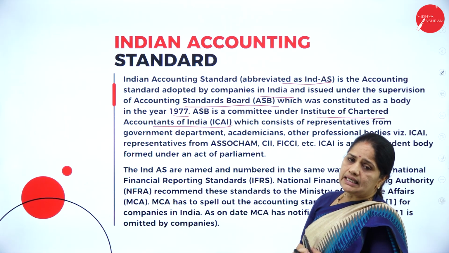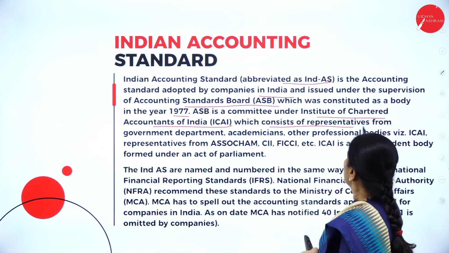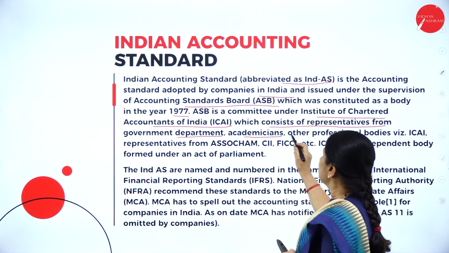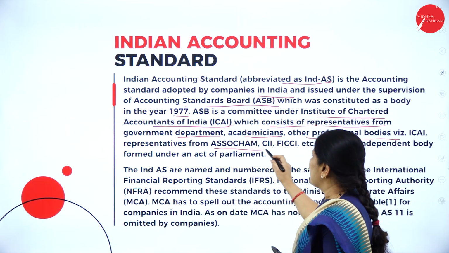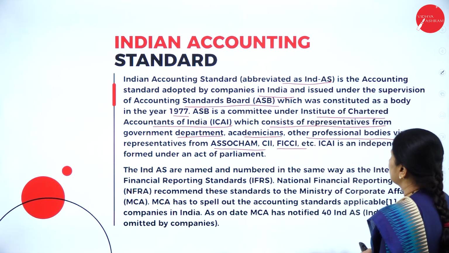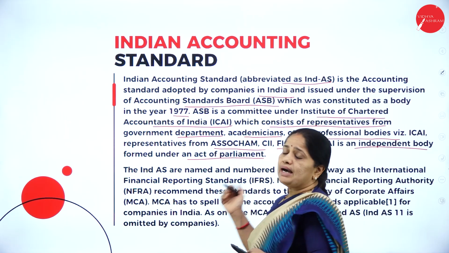So the Institute of Chartered Accountants of India has set up a committee which consists of representatives from the government department, academicians, other professional bodies, representatives from ASSOCHAM, CII, FICCI, and it is an independent body formed under the Act of the Parliament.